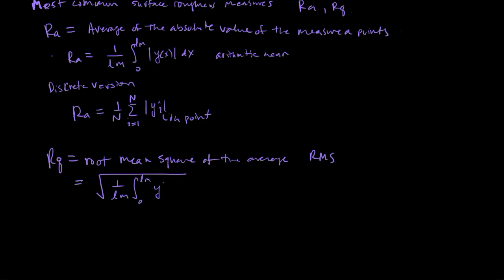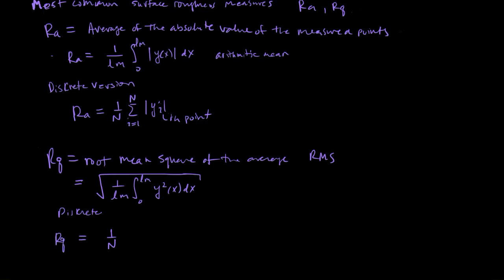You take the squared height of each value in that surface, and we also have the discrete version, because that's the version that we actually use when we would calculate this if we had the raw profilometer data, and that is simply the 1 over n.